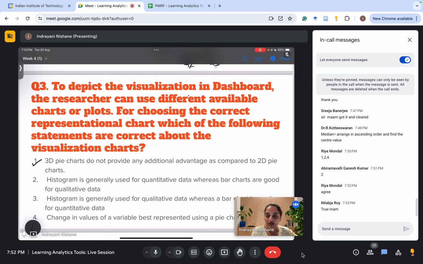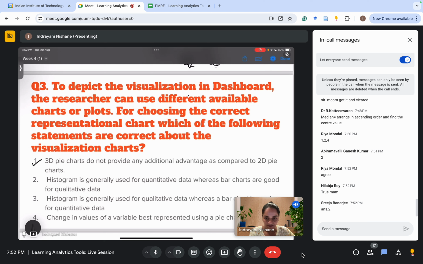Then, histogram is generally used for quantitative data, whereas bar charts are good for qualitative data. What do we mean by this? In a histogram we plot frequencies, how many in what quantity.